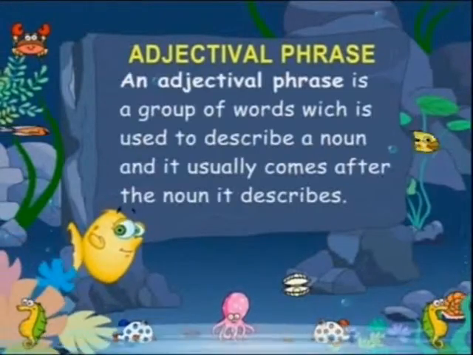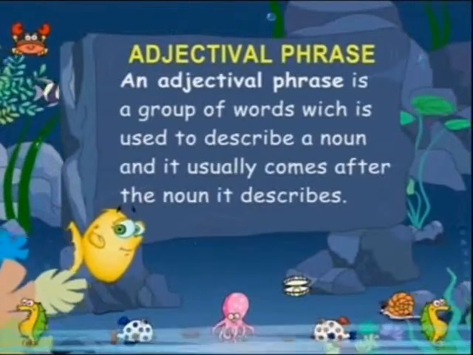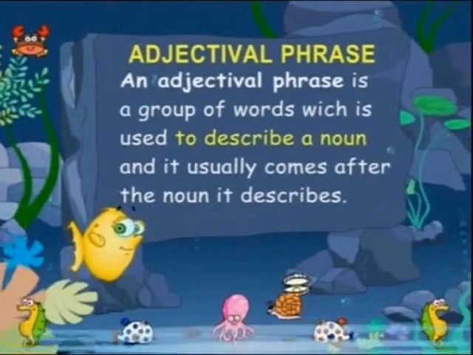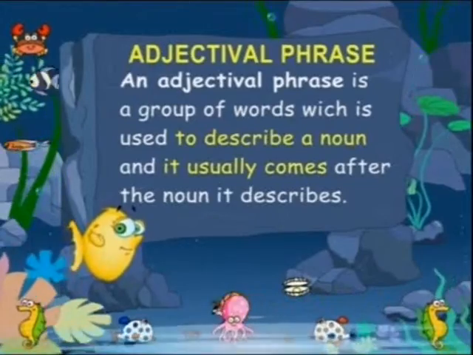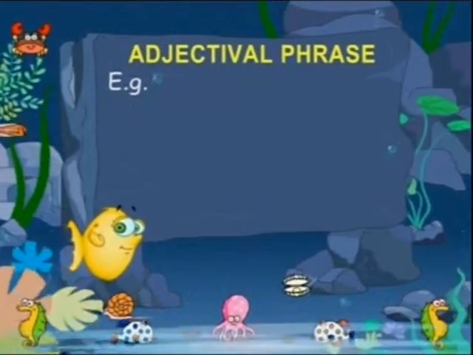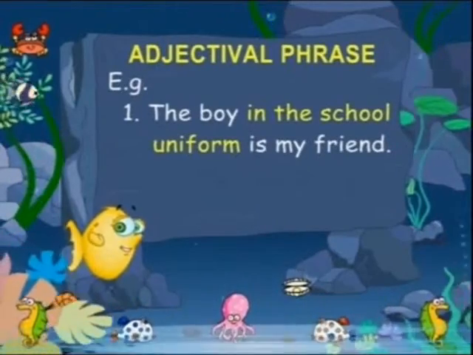Children, an adjectival phrase is a group of words which is used to describe a noun, and it usually comes after the noun it describes. Example, the boy in the school uniform is my friend.